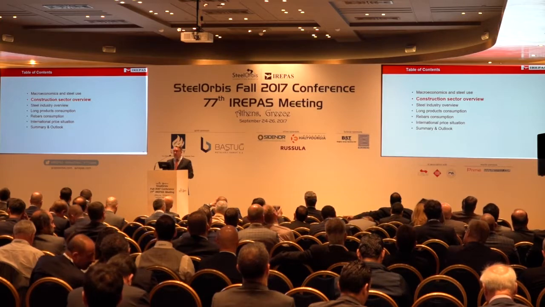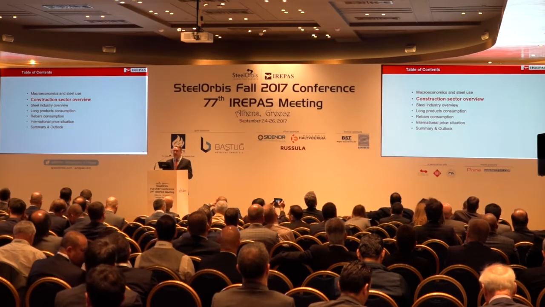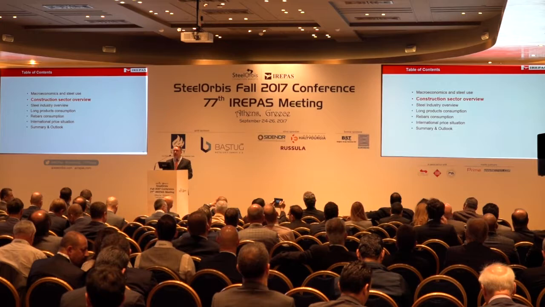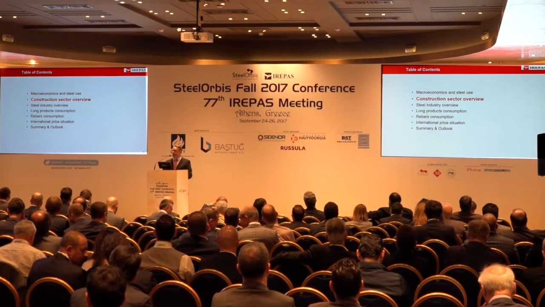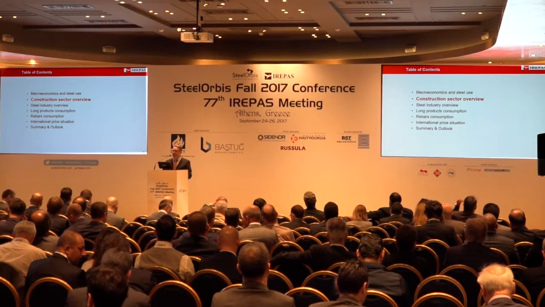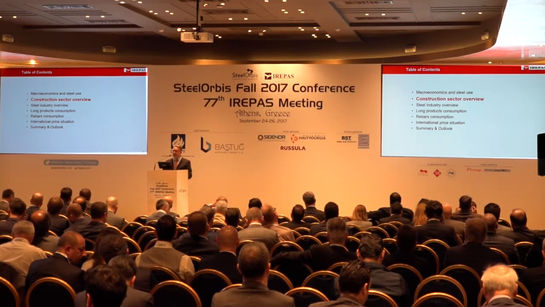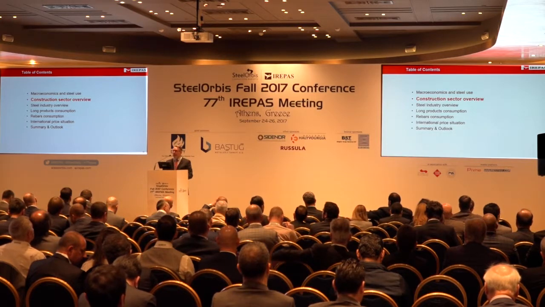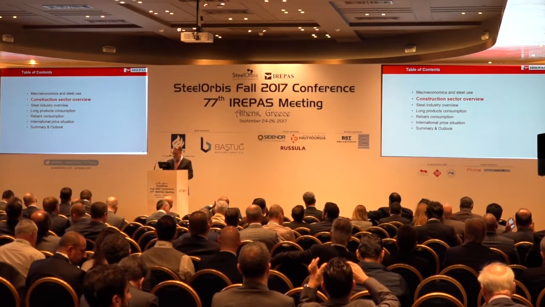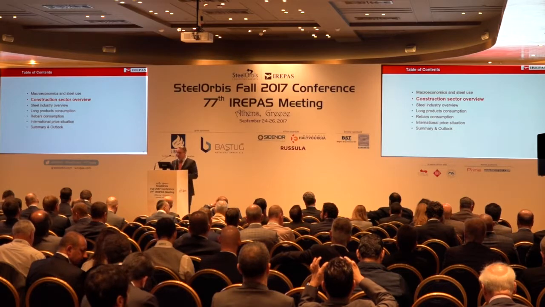So, first conclusion, ladies and gentlemen, probably we are in front of a long period of 5-6 years of a strong recovery of the steel demand that we lost in 2014 and 2015, where steel demand was, let's say, stagnated. Let's review the construction sector.